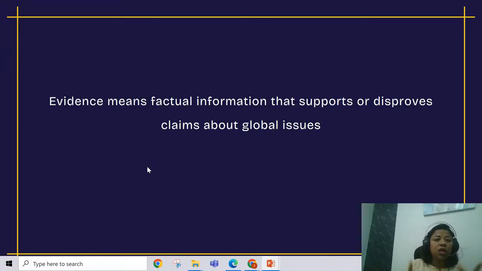So, to prove an argument in global perspective, you should know how to connect it with the right evidence, and hence it is crucially important to know the meaning of the word evidence with respect to the global perspective curriculum.